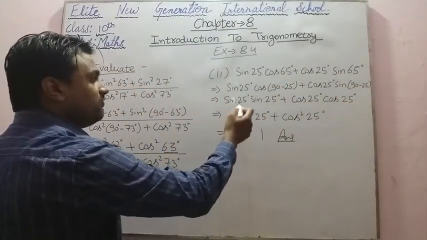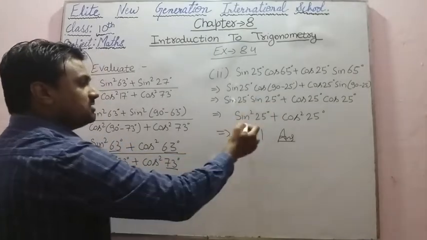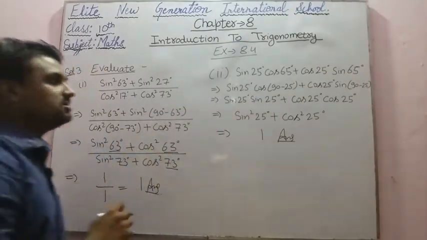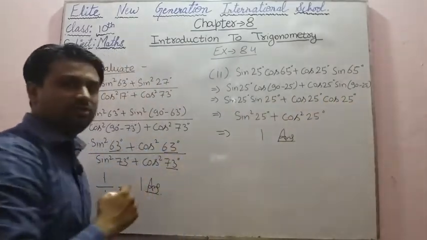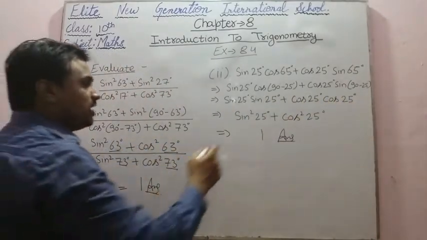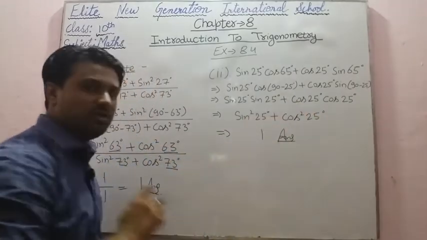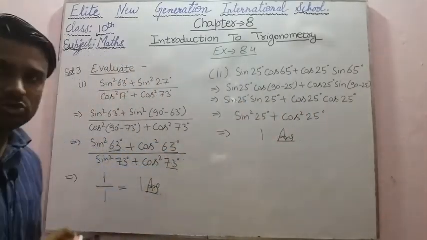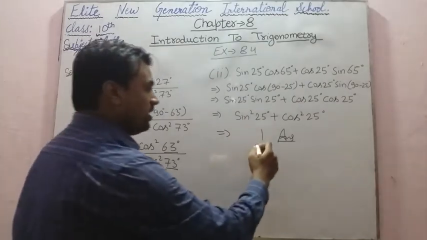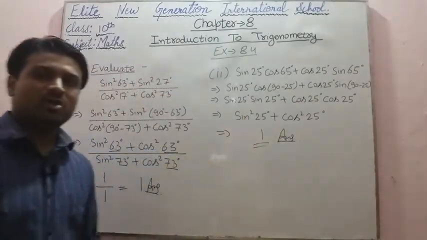So sin 25 into sin 25 will be sin square 25 degree, plus cos 25 into cos 25 will be cos square 25. Now we can use the formula sin square A plus cos square A equals 1. So sin square 25 degree plus cos square 25 degree will be 1. So here the answer will be 1.